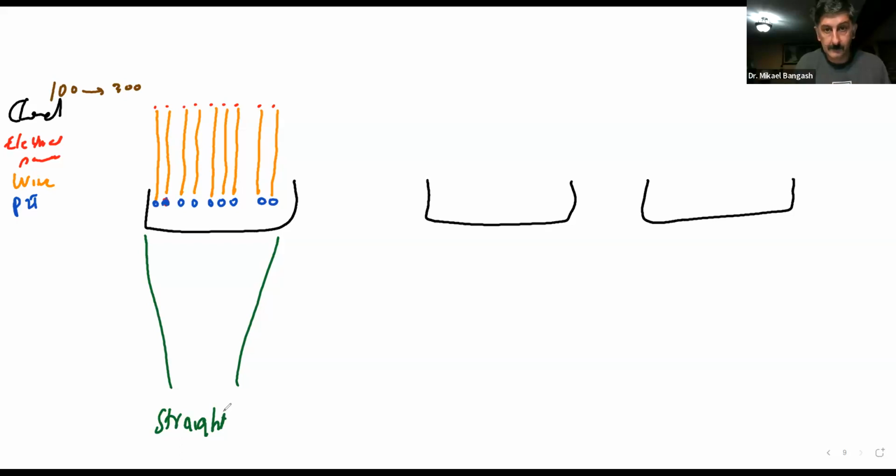Now, ladies, it's the same transducer with the same number of PZTs, but what we will see here is phased stimulation.